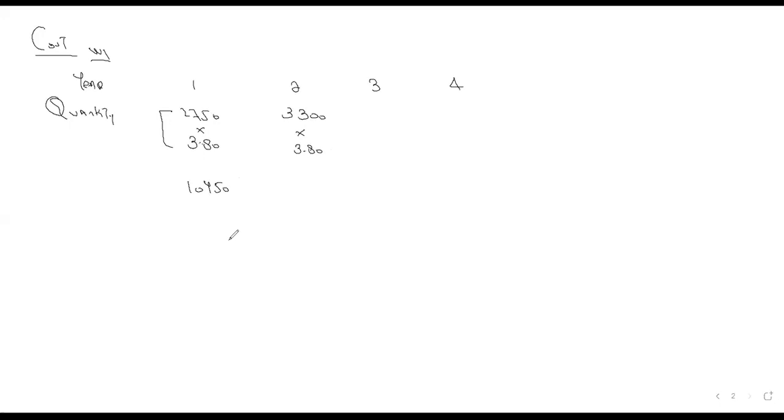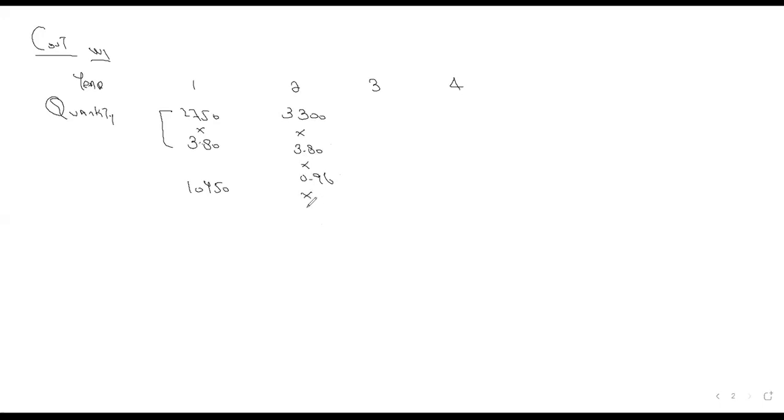So if it is falling by 4%, you will take 96% of this, which is 0.96, and then inflate it by the inflation level given.